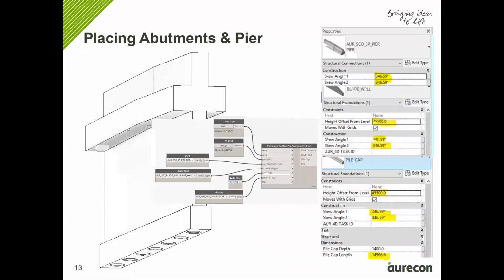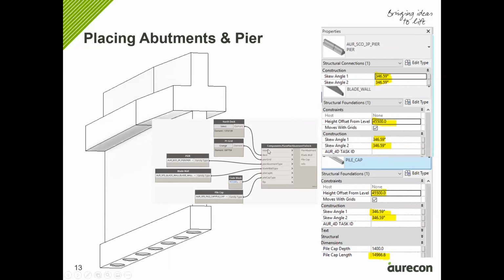So going further down, we start to put the pier or the abutment, blade wall and the power cap here. For this node, I tried to combine the same. Either the pier or abutment will be fine, and you just specify the family accordingly. So in this case, we put a pier. I need a pier family, and I put the blade wall family in, and I put the power cap family in.